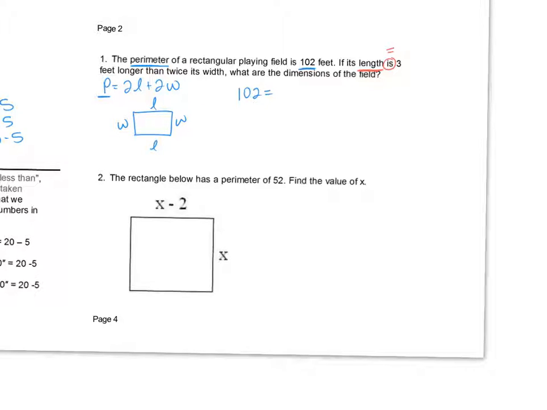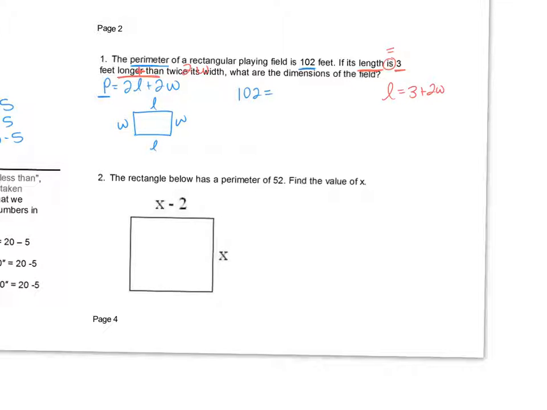So we have L equals 3 feet longer than, and you don't need to put in the units right now. We'll put those in our answers. Longer than means plus, so 3 plus twice its width, and that would be 2W.